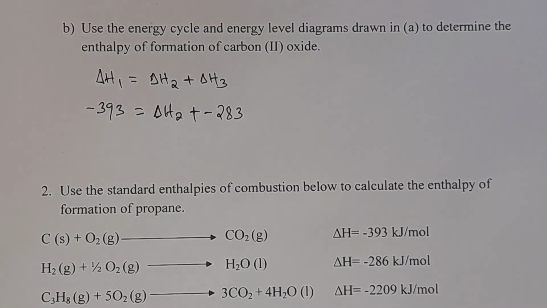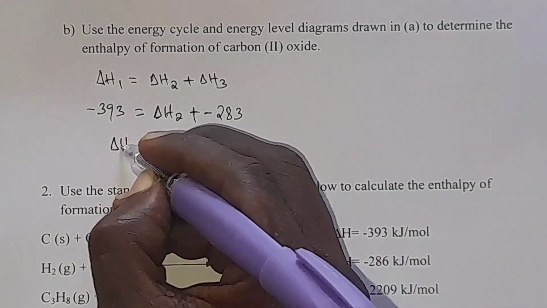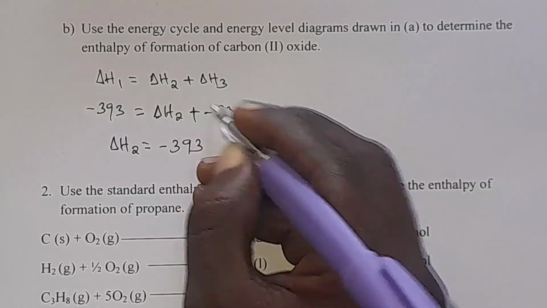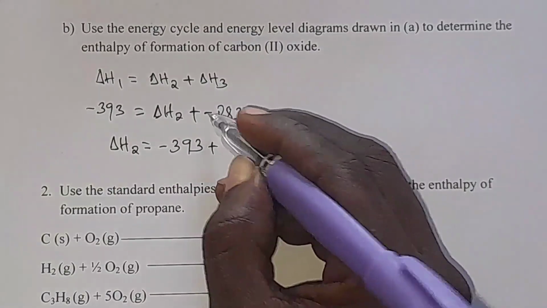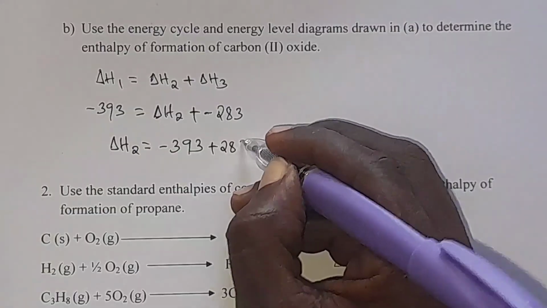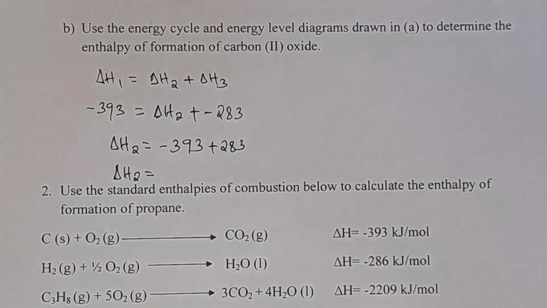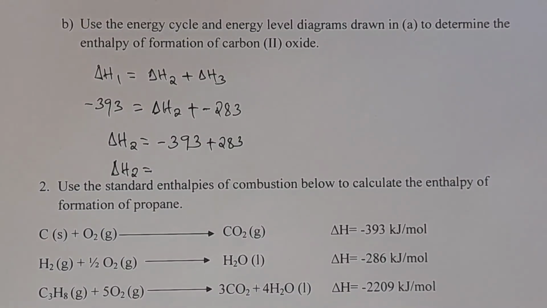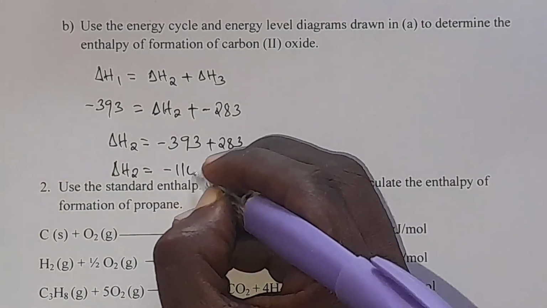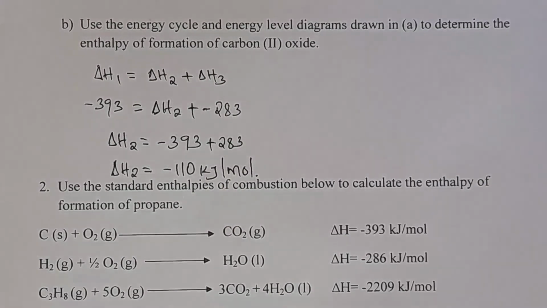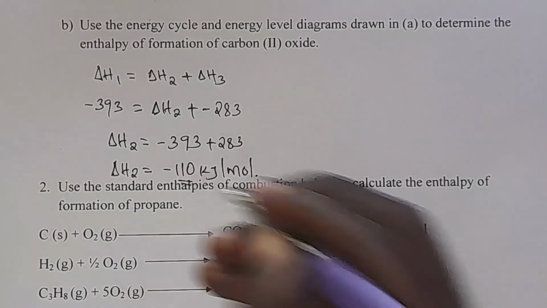So to get enthalpy change 2, it will be equal to negative 393, and this one goes to the other side and changes sign, plus 283. So enthalpy change 2, which is the heat change for the formation of carbon 2 oxide, if you put it in the calculator, you are going to get negative 110. So the unit will be kilojoules per mole. That will be the answer.